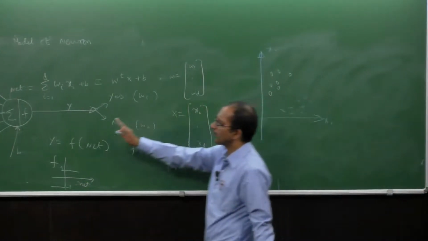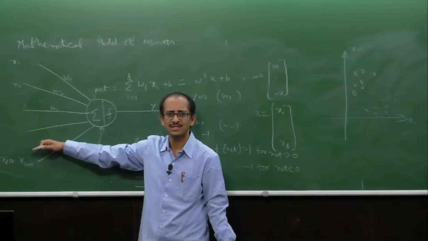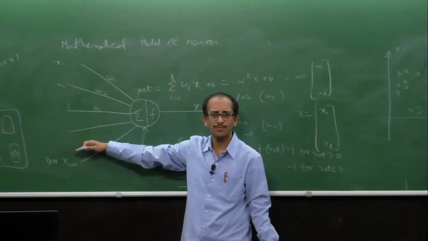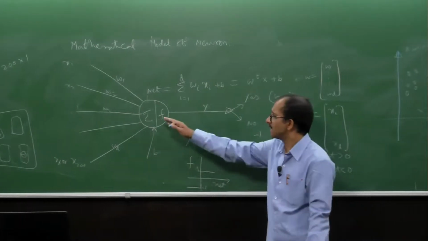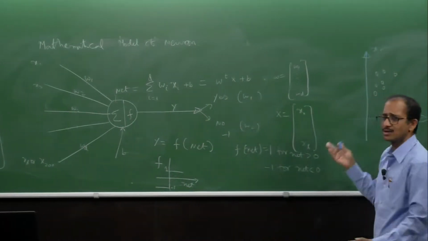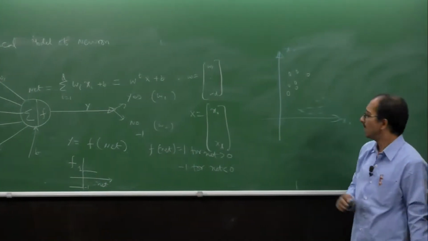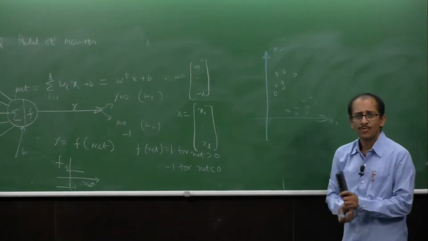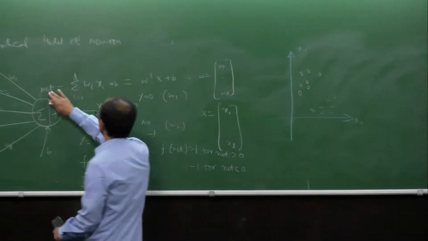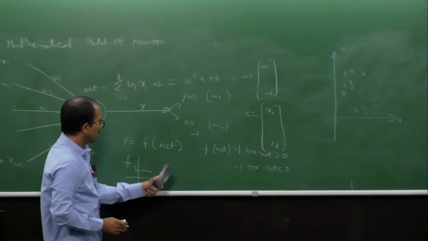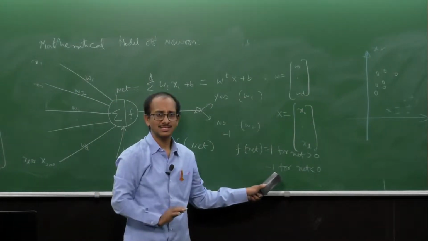So how many inputs will be there in that case? Only two features means how many inputs? Only 2, x1 and x2. And then the weighted sum of that, with w1, w2 as the weights. Now I want to classify them. What do I mean by classifying them? Finally, I am saying that net value greater than 0 belongs to the first class, and net value less than 0 belongs to the other class.